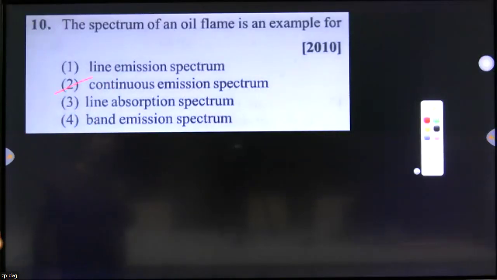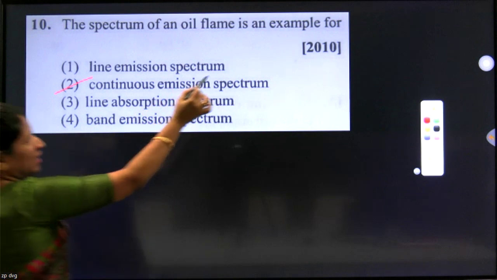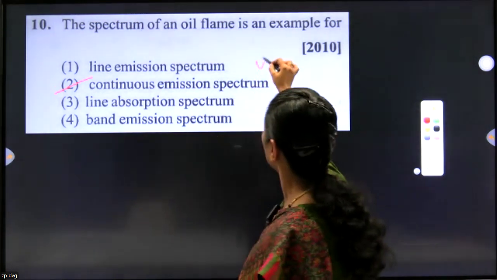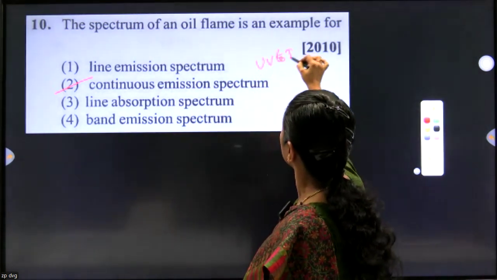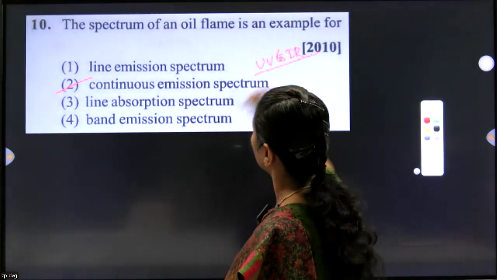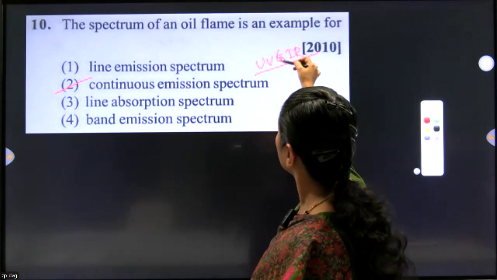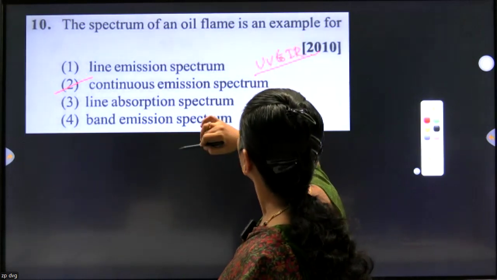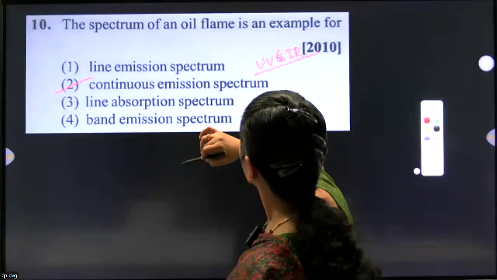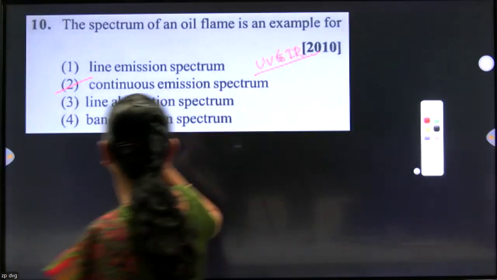Okay, the answer is continuous emission spectra. The spectrum of an oil flame consists of large wavelengths, meaning a wide range of wavelengths from UV to IR without any spacing between them. Therefore, an oil flame produces a continuous emission spectrum.